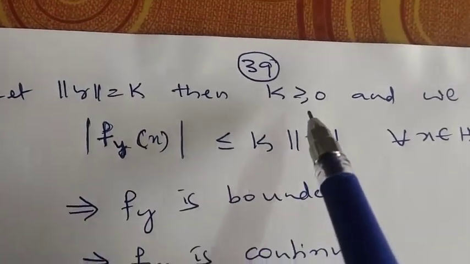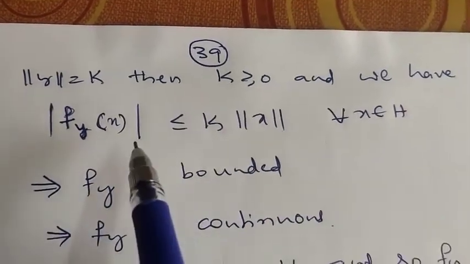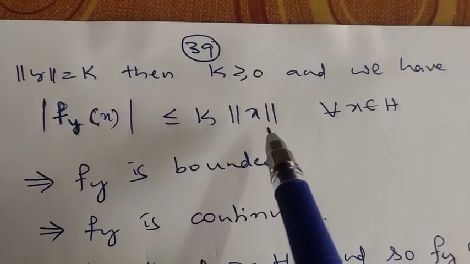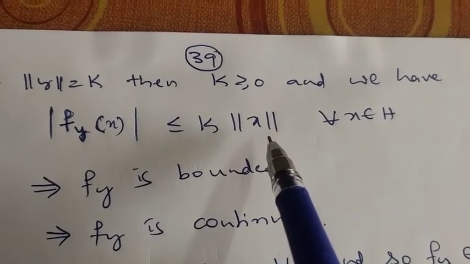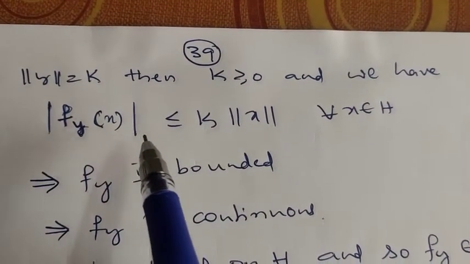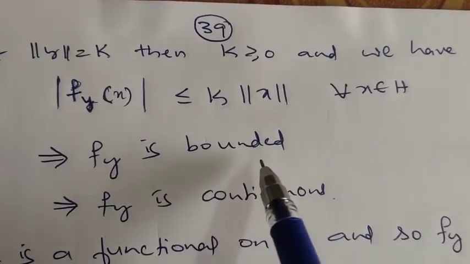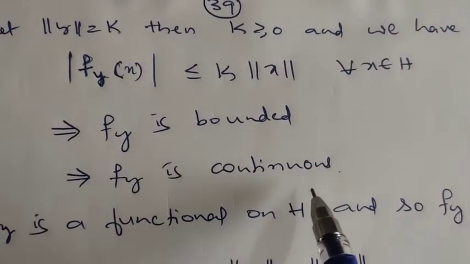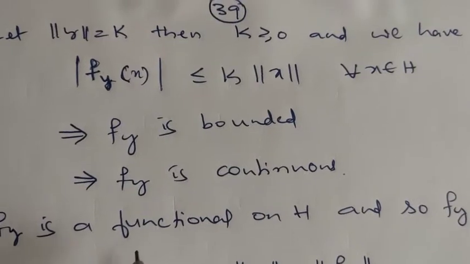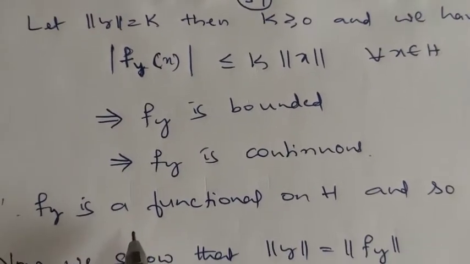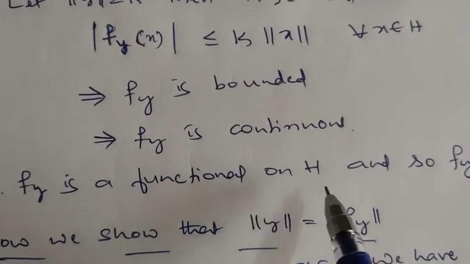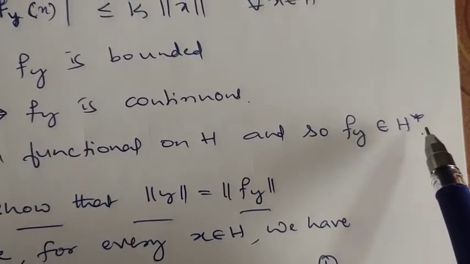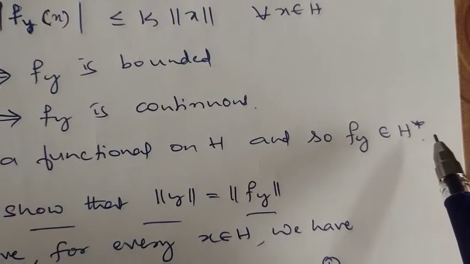Then k is non-negative, and we have absolute value of Fy of x less than or equal to k times norm of x. This means the function Fy is bounded by definition, but any bounded linear functional is continuous, therefore Fy is continuous. Therefore Fy is linear as well as continuous, so Fy is a functional on H, and Fy is an element of H star. The mapping phi is well defined now.